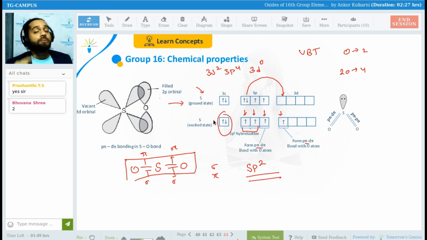Is it clear? It will be more clear when we do SO3. But is it clear till here, everyone? Prashanti, Sarjana, Bhuvaneshri, Sindhuja, Anthony, is it clear?